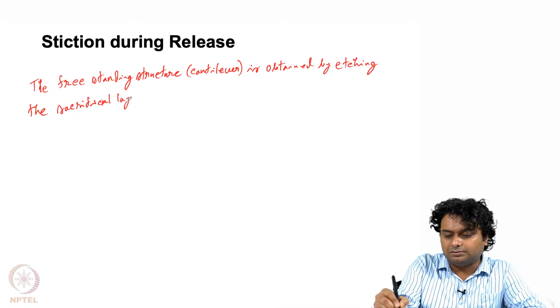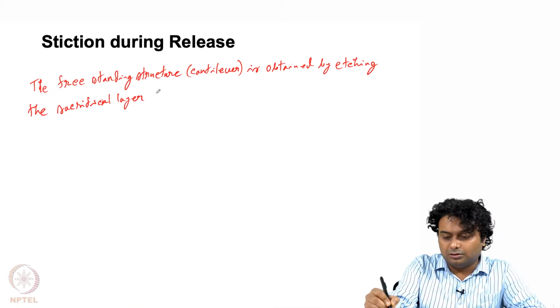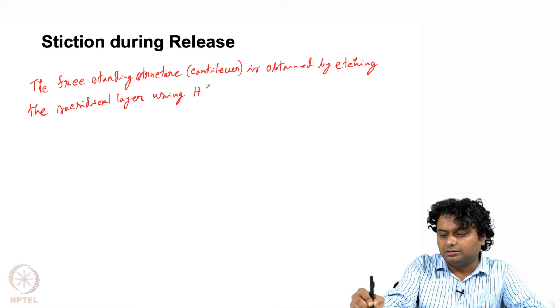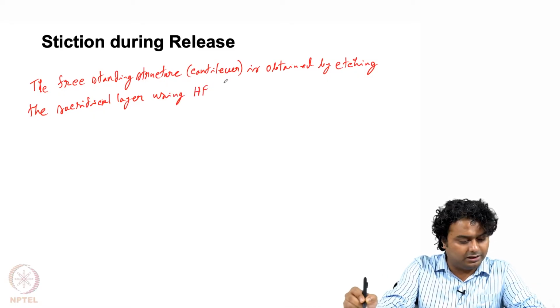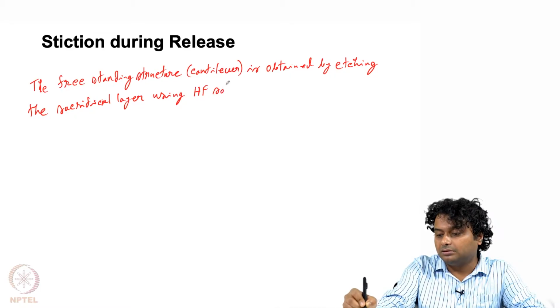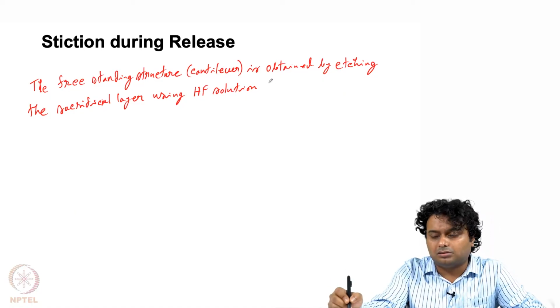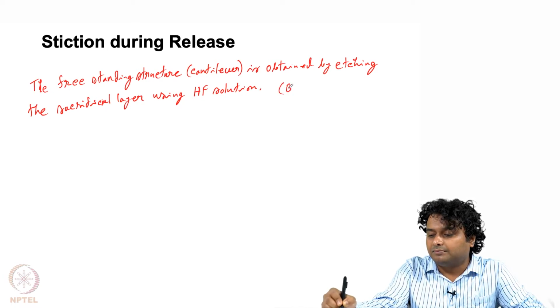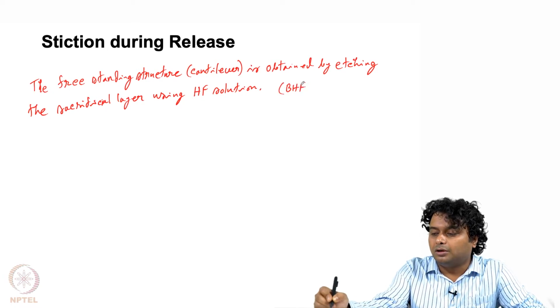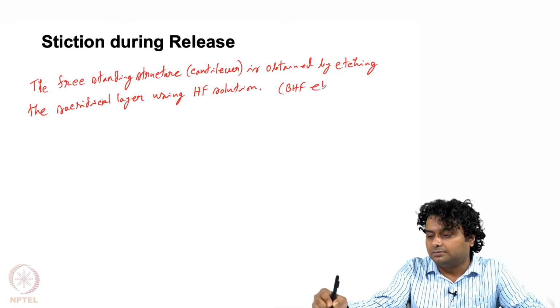Sacrificial layer, removed using HF solution. So HF is hydrofluoric acid. So we call it HF solution, or also BHF or buffered HF, which is used to etch silicon dioxide.